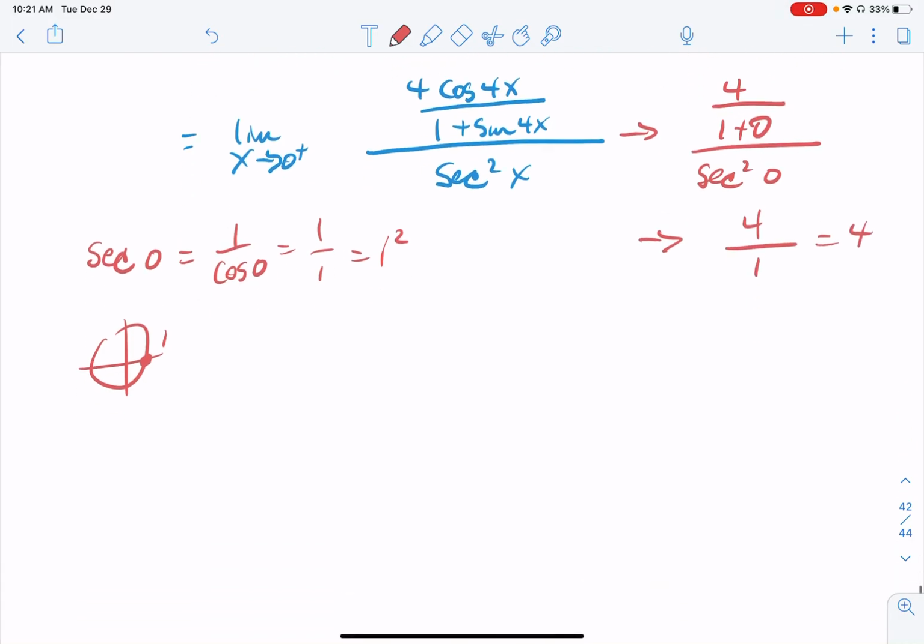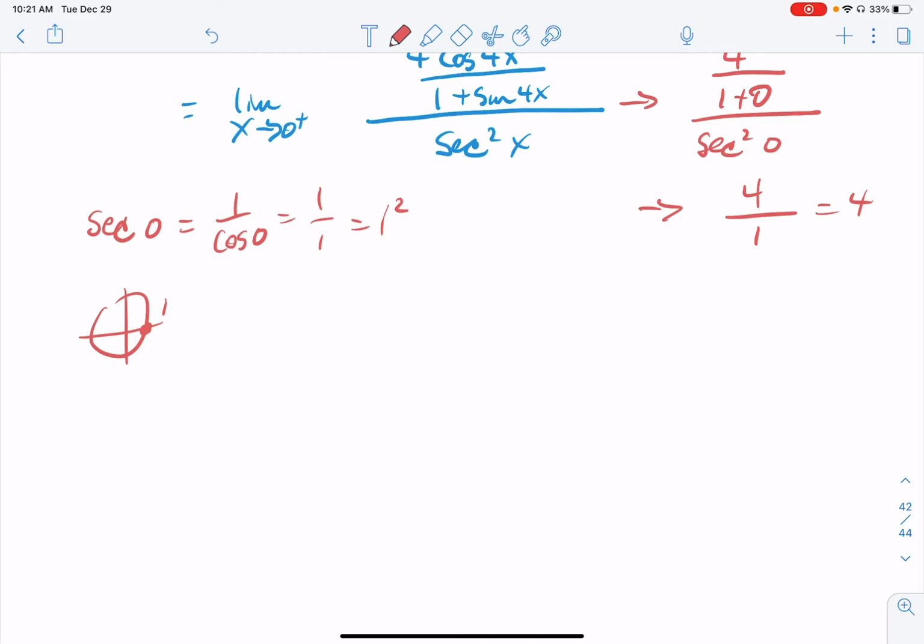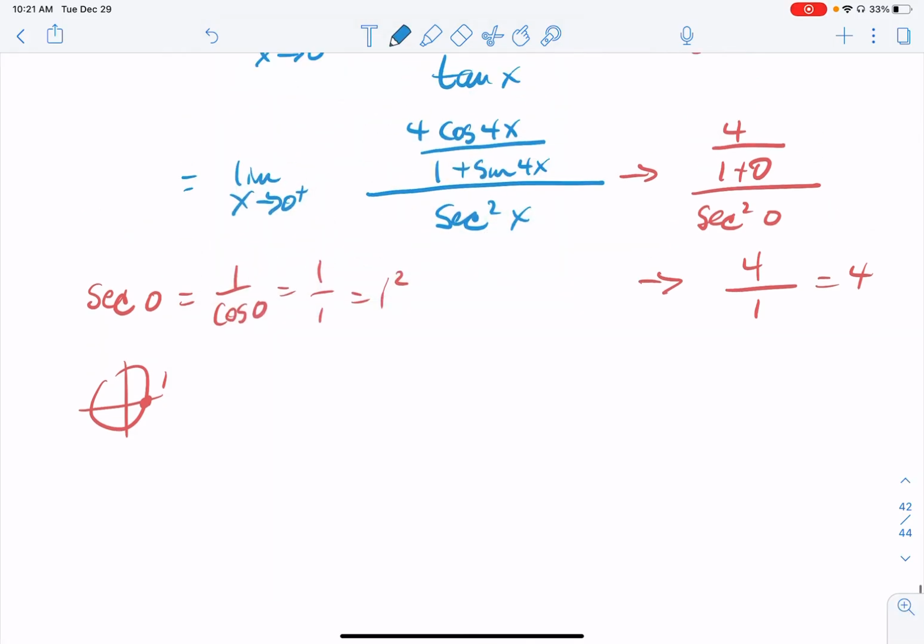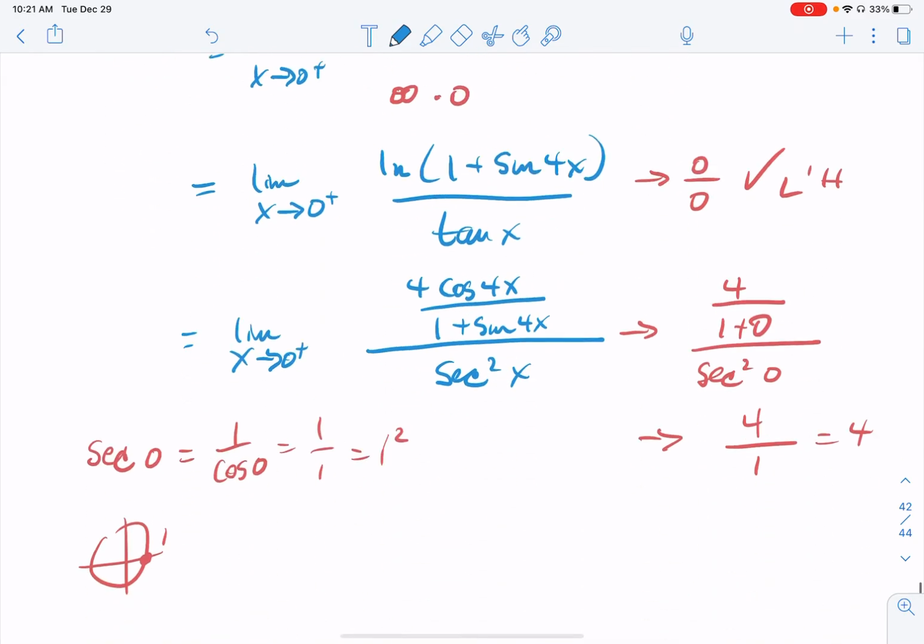Wow, okay. Lots of stuff happening right here. Is our final answer equal to 4? No, it is not. Remember, that is equal to the natural log of y.